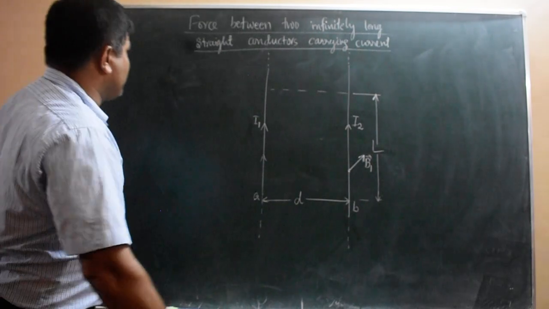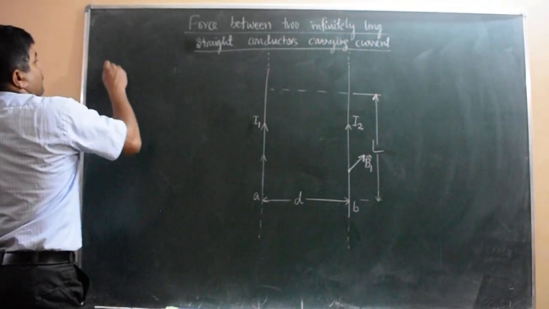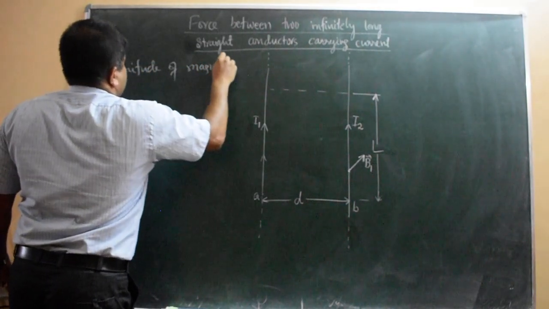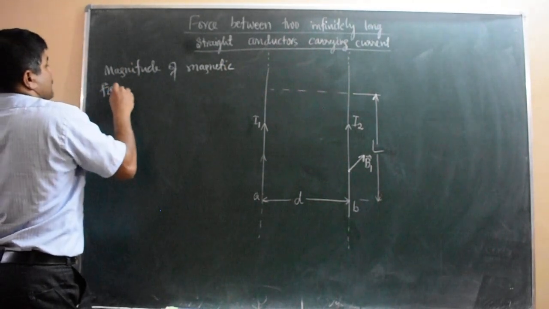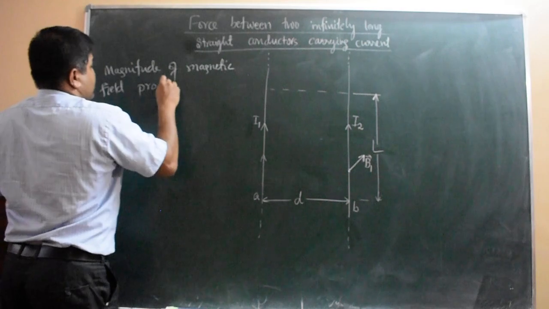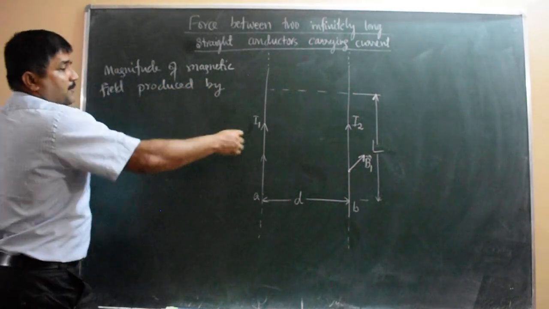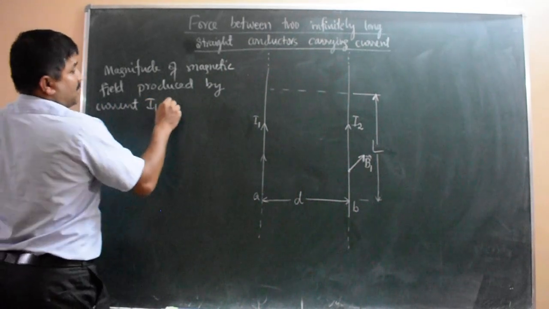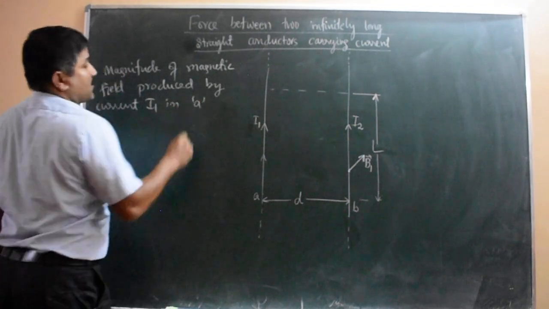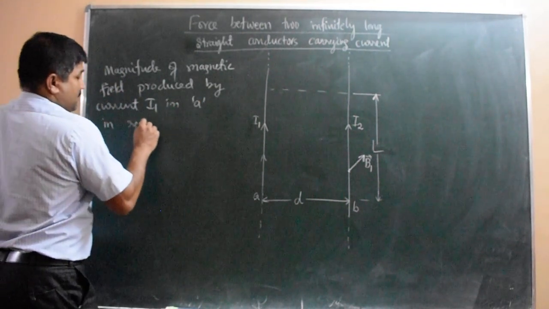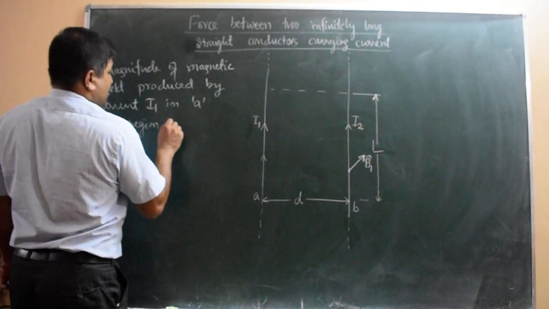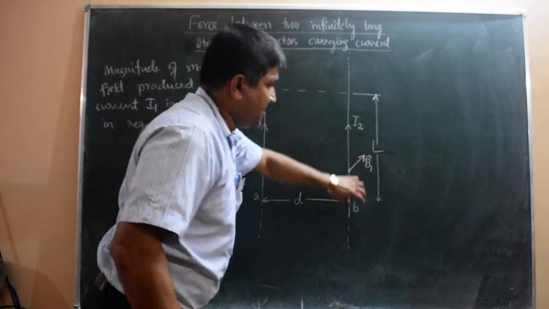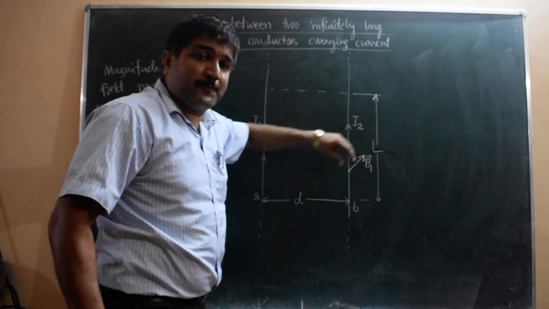Now we can write what the magnetic field B1 is. So the magnitude of the magnetic field produced by conductor A, in the region of conductor B, wherever conductor B is, how much magnetic field is produced on conductor B?